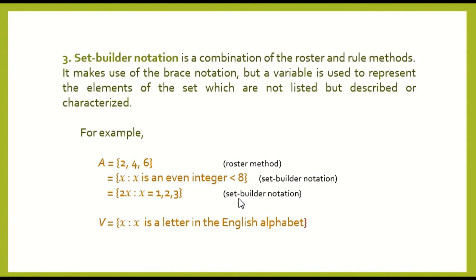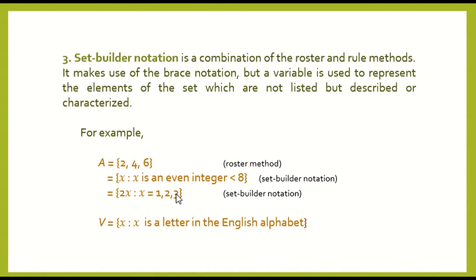Another way to write the set in set builder notation: 2x such that x is equal to 1, 2, 3. If we use x is equal to 1, 2 times 1 is 2. When x is 2, 2 times 2 is 4.